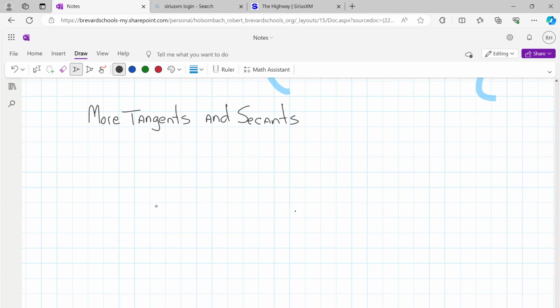So theorem 10.13 on the bottom of page 742 is what we're going to talk about first.